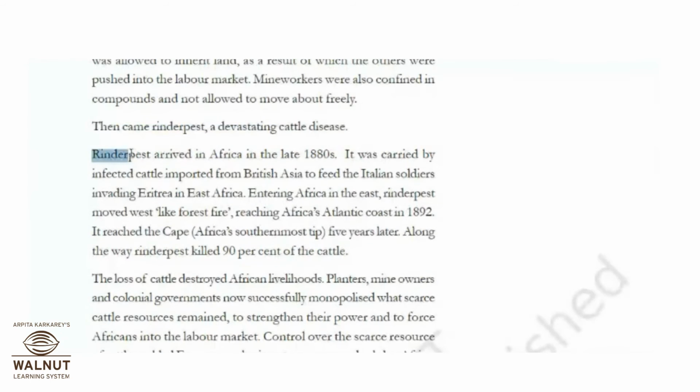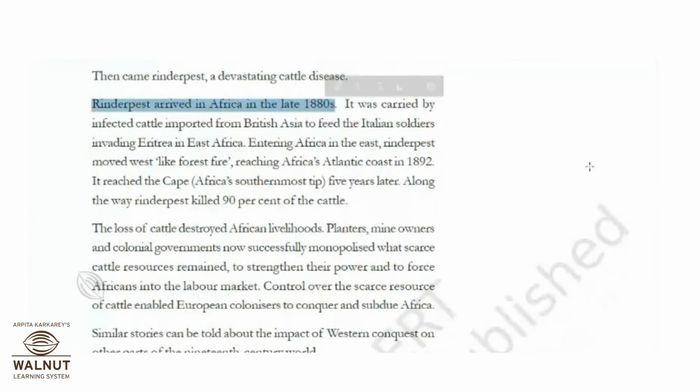Then came rinderpest, a devastating cattle disease. Rinderpest arrived in Africa in the late 1880s. It was carried by infected cattle imported from British Asia to feed the Italian soldiers invading Eritrea in East Africa.